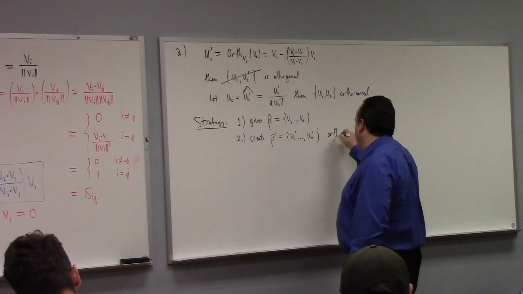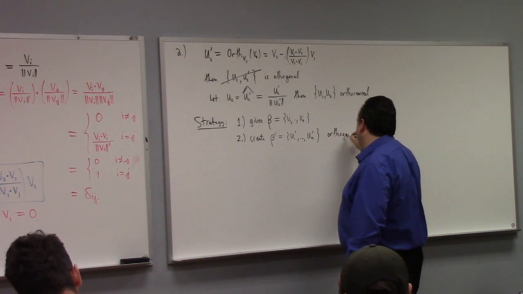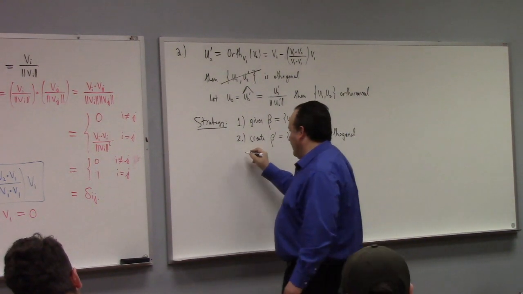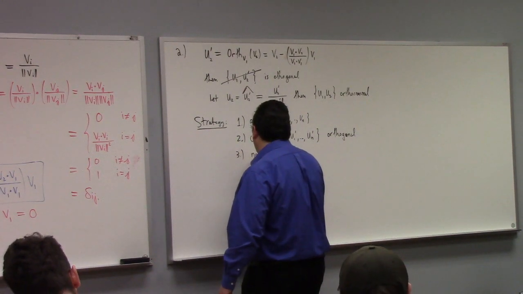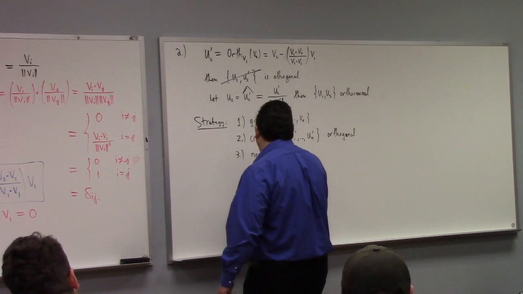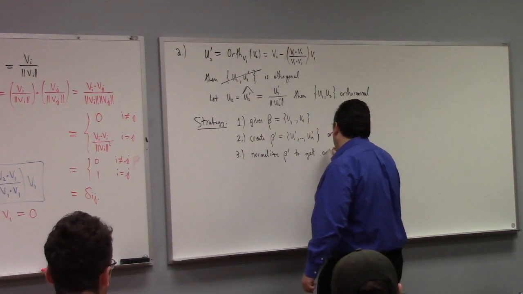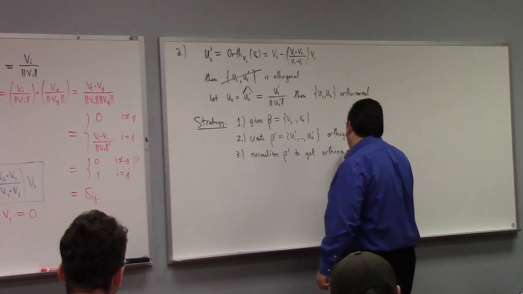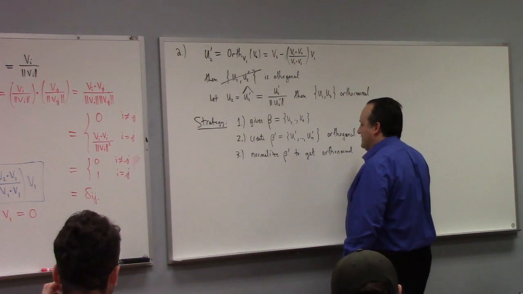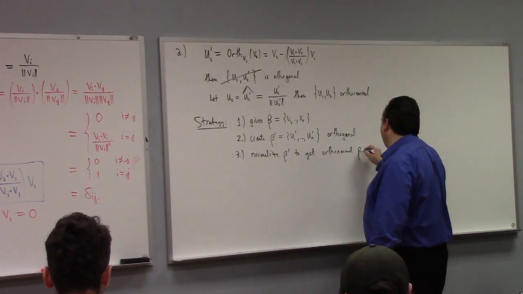Orthogonal. And then step three, normalize beta prime to get orthonormal. I guess I'm calling it beta prime prime.